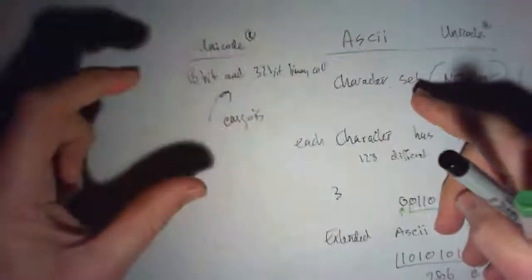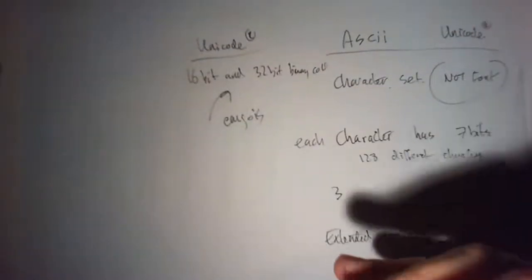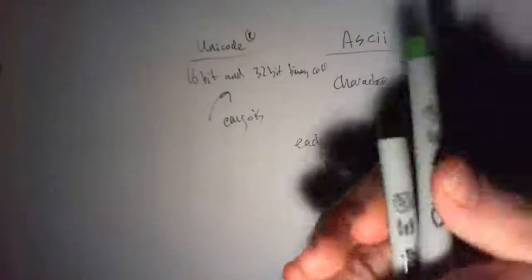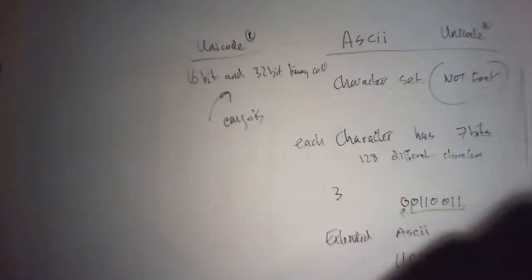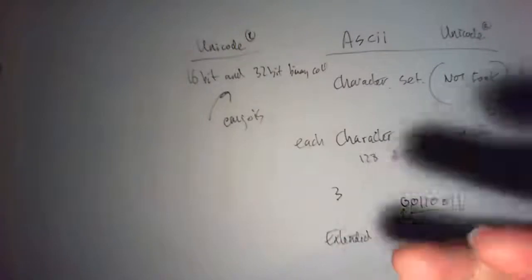So if somebody wants to create a new one, they upload their code, and they throw it into the Unicode crowd, and they accredit it and assign it a new binary code, and then it gets sent out to all the different coders and developers, and they incorporate the new code into their library of possible things that need to appear when you click a particular button. So it is pretty cool, and it is pretty nifty.